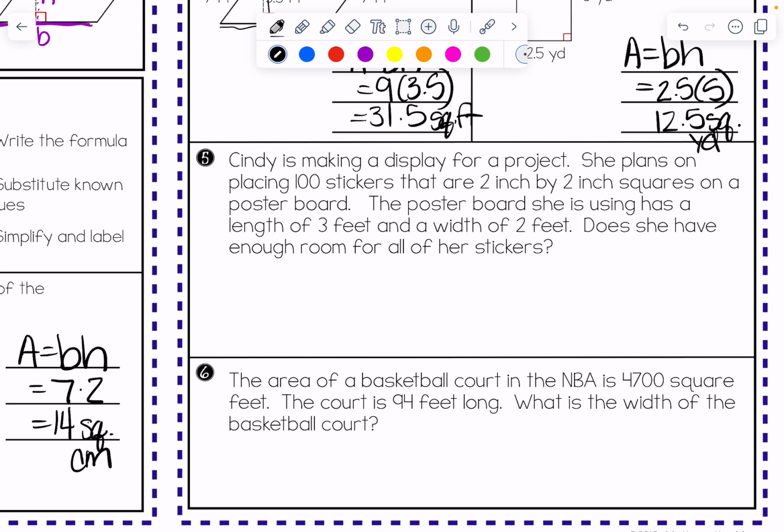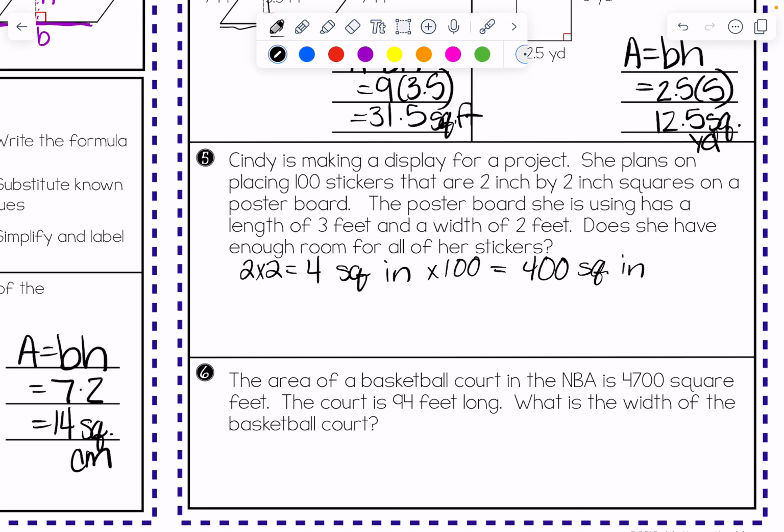So we know that we need to figure out the area of each sticker square. All right, so 2-inch by 2-inch is going to be 4 square inches. And we know that she has 100 stickers. So if each sticker has the area of 4 square inches and we multiply that times 100, that's going to be 400 square inches that we need.